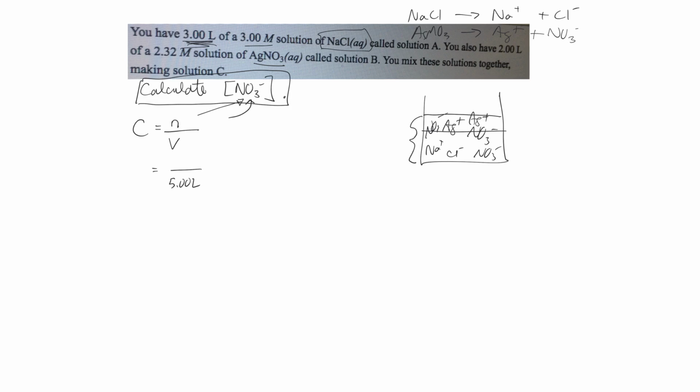But I don't know how many moles of nitrate ions I have, but I have information to figure that out. So concentration equals moles over volume. I know the concentration of the silver nitrate is 2.32 moles per liter, and I know that I have 2 liters of it.